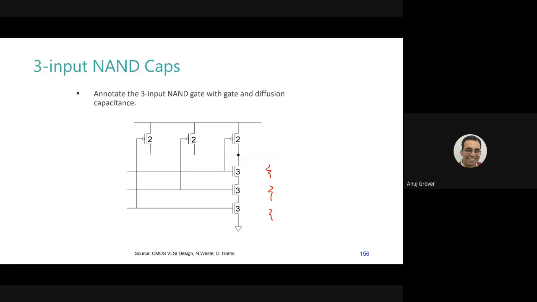When I want to discharge the output load, these three will come in series with each other. If I want the effective resistance over here to be R, then each of these has to be R by 3. If each has to be R by 3, then my width has to be 3 times.